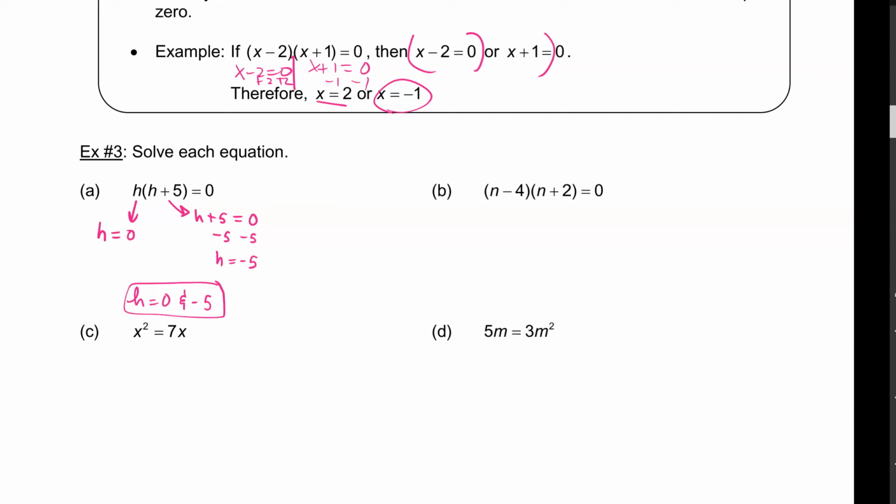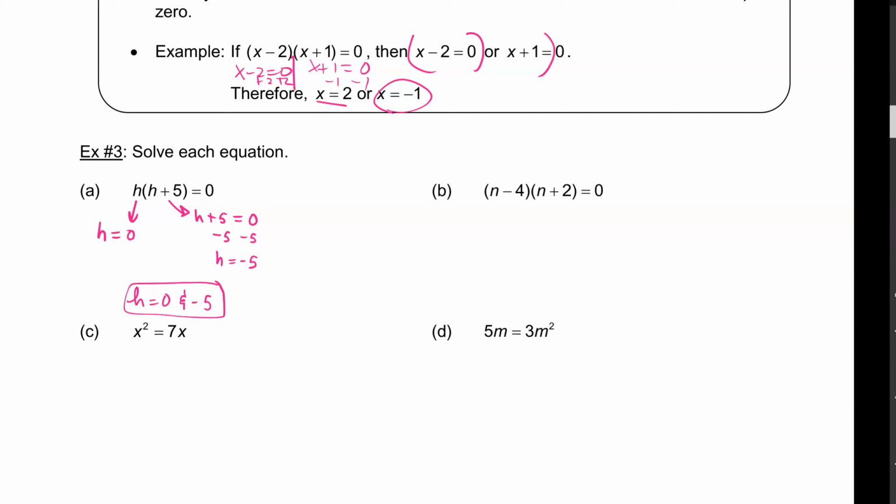So I have two numbers, right? One of them has to be 0. So either the one on the left is 0 or the one on the right. There are actually going to be two numbers that make it equal to 0. That's why you take each one and set it equal to 0. My solutions are all the x's that make it go to 0. So my solutions are going to be 0 and -5.